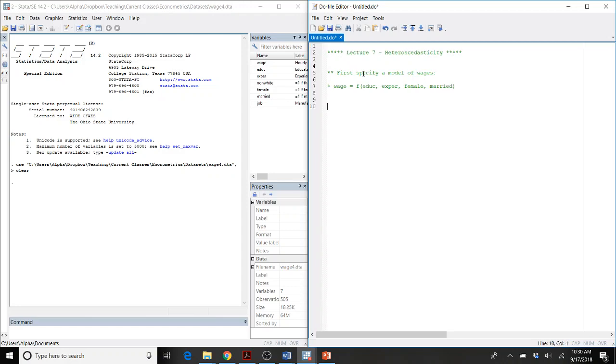Okay, let's say that's our model. First step, specify the model. Second step, do we have heteroskedasticity?